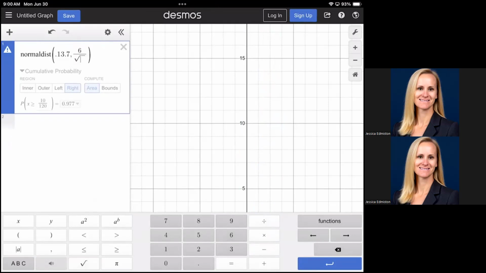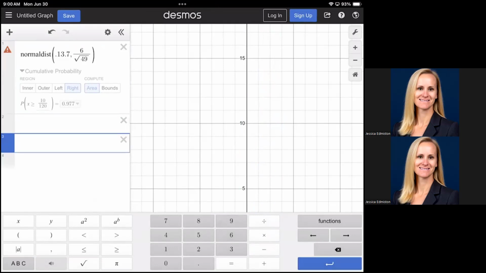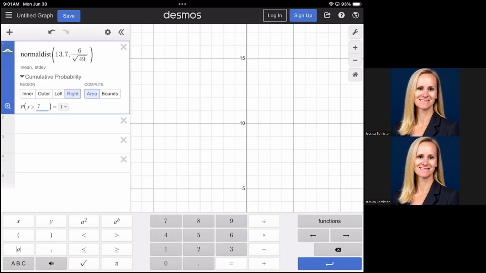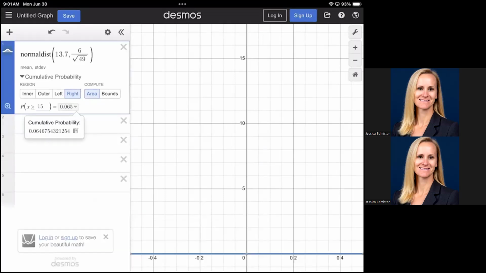I know the square root of 49 is 7, but I'm trying to be over dramatic to show you what that would look like. Whoops, I accidentally put an extra decimal there. There we go. All right, now we are wanting to find the right, and this is going to become 15. And you can see here, we've got that number right here, about 0.065.